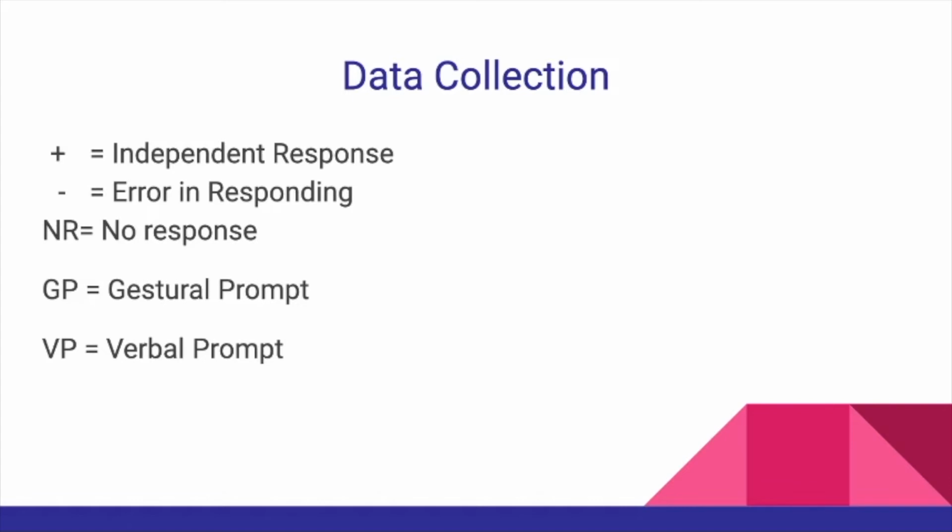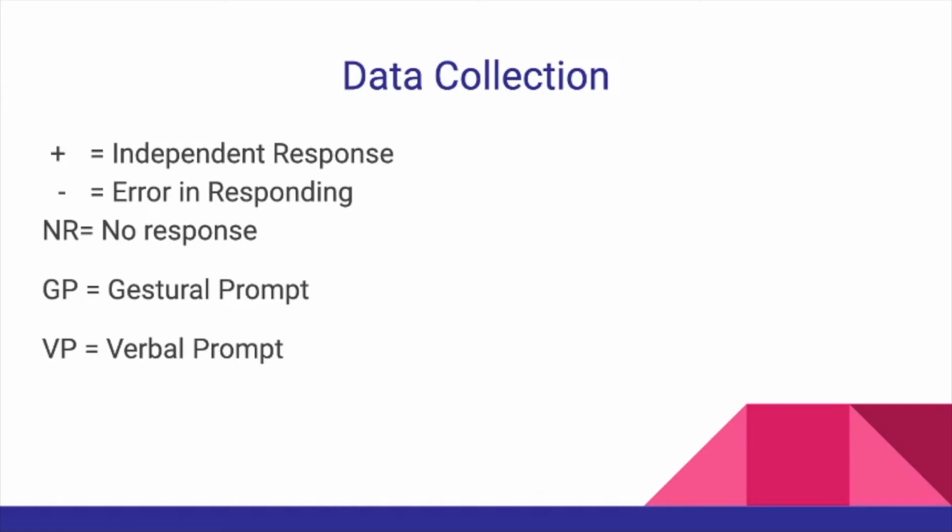At the ABC clinic, there are a couple different ways that we do data collection. You might use a clicker to count the frequency. You might write things down on a data sheet. For example, with tacts, you might be tracking if the client is having independent responses, if there's error in responding, if they're not responding at all, and then the type of prompts you have to use.